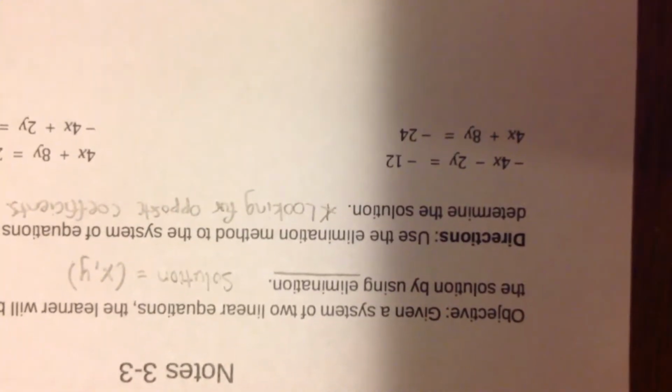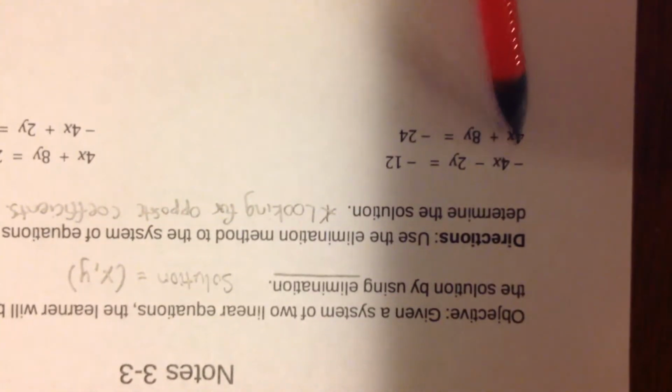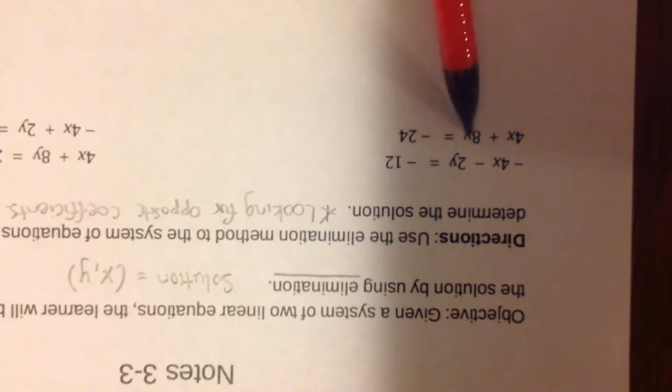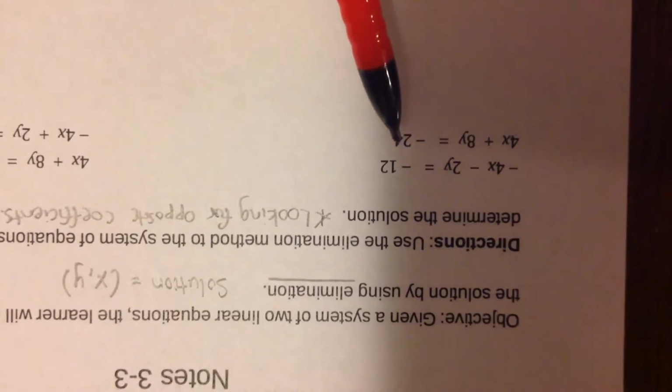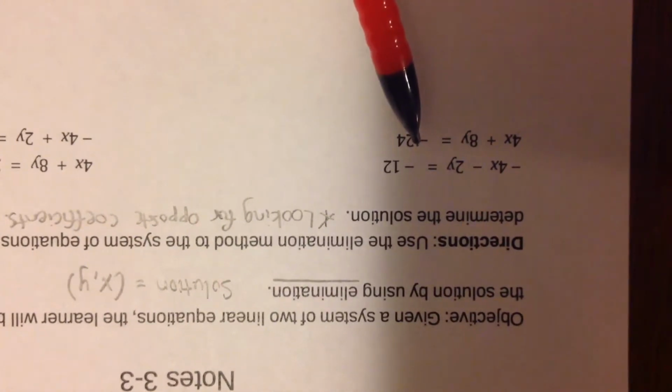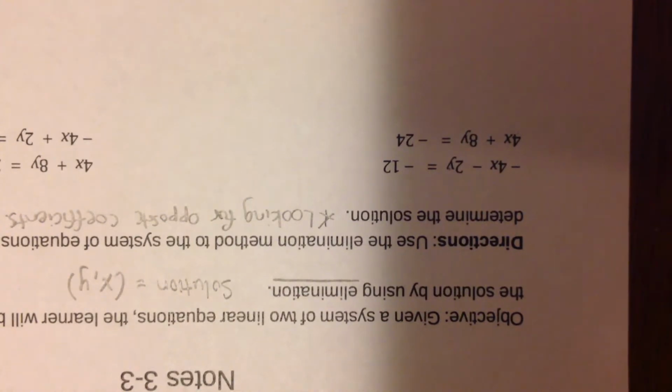So what we're looking for here is opposite, meaning that these two should be opposite or these two should be opposite. And the reason is because we want to add them together, and when you add two opposites, they equal 0. So we're going to eliminate them, because when you add two opposites, they equal 0.